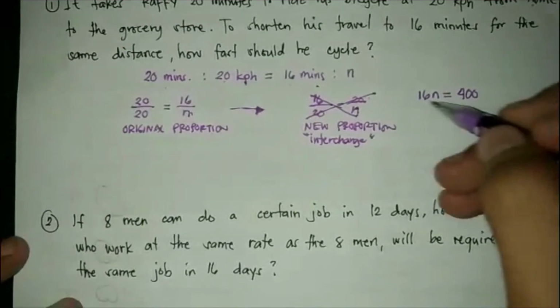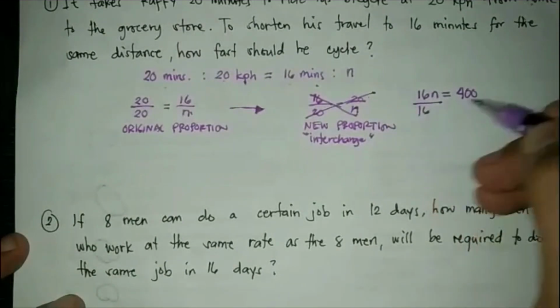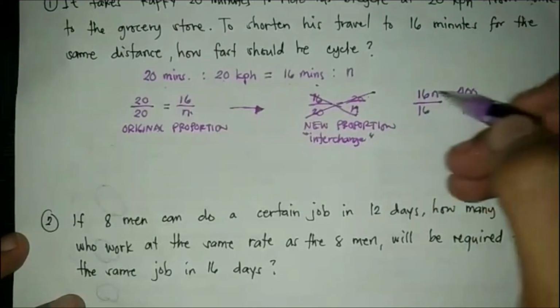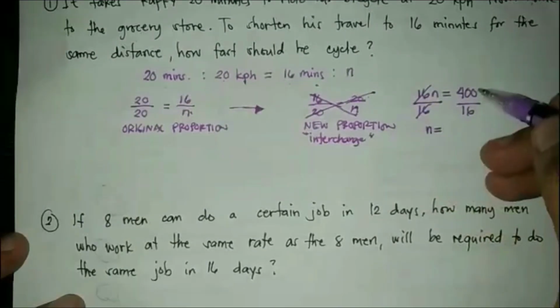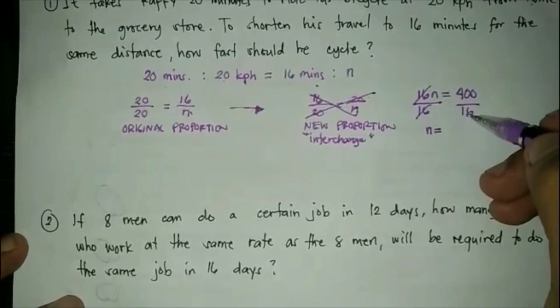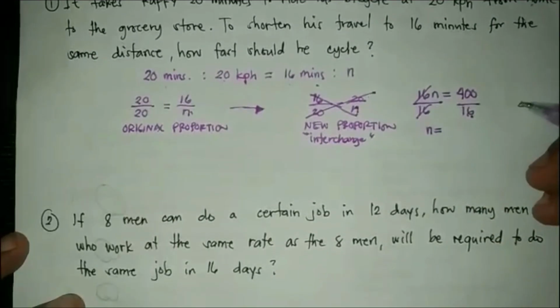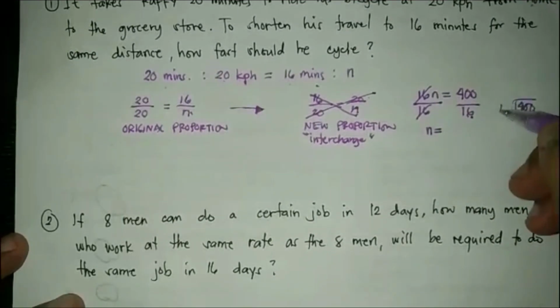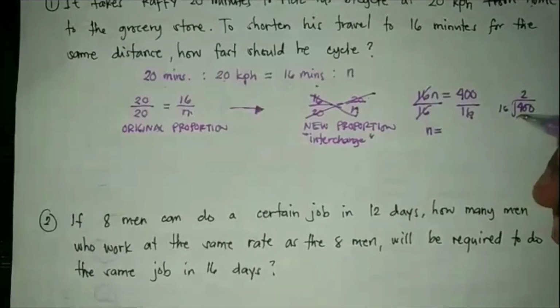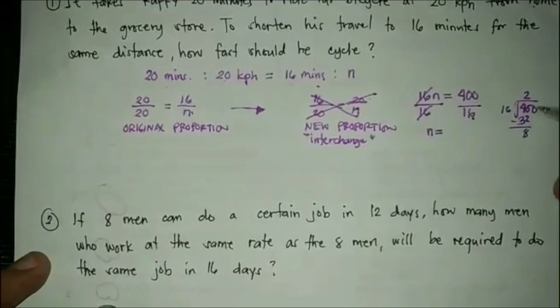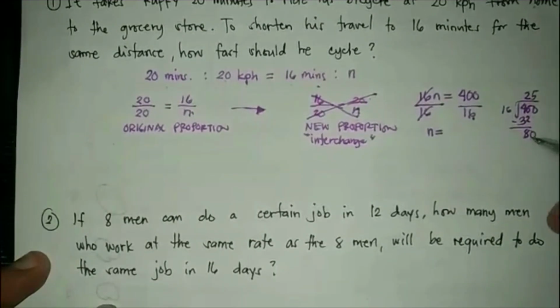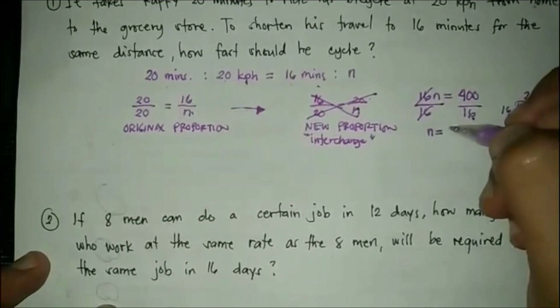Divide both sides by 16, para makuha natin yung value ng n. So n is equals to 400 divided by 16. Yung sagot po natin dyan is 25.